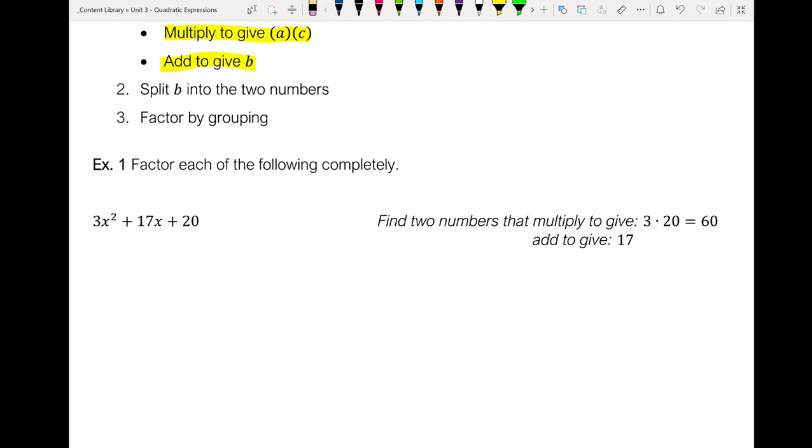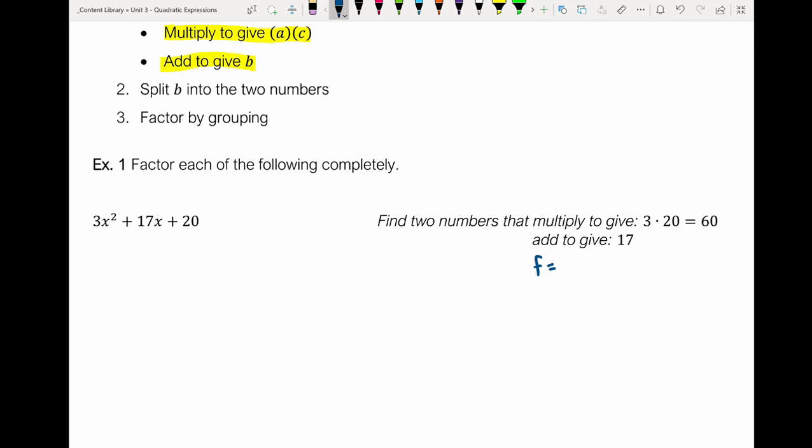I need to find two numbers that multiply to give me a times c, or 3 times 20, which is 60, and they still have to add to give me that middle number, 17.